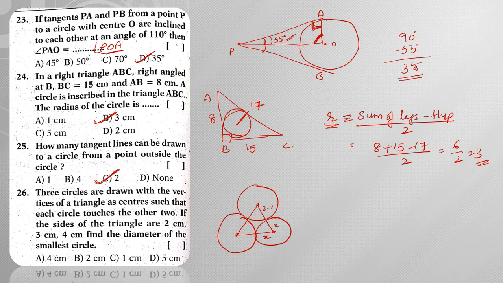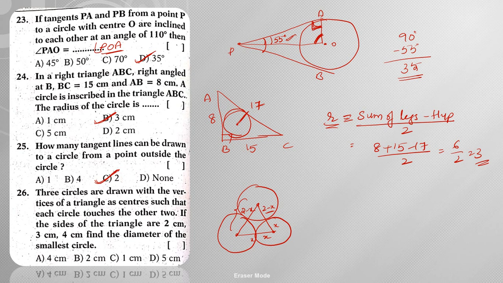Suppose the side is 2 centimeters, then this is 2 minus x, and this is also 2 minus x, right? Now if this particular side is 4 centimeters, then this is 4 minus x.